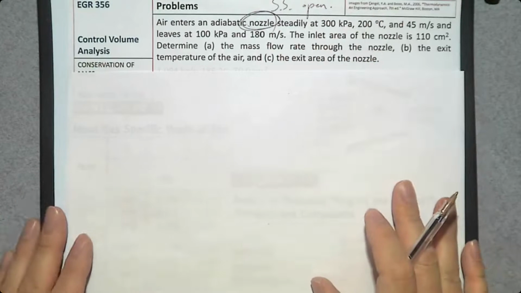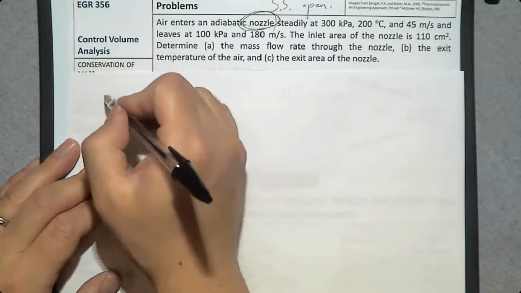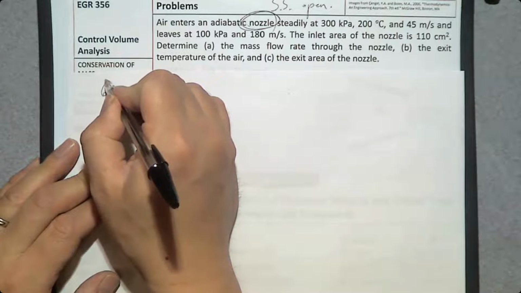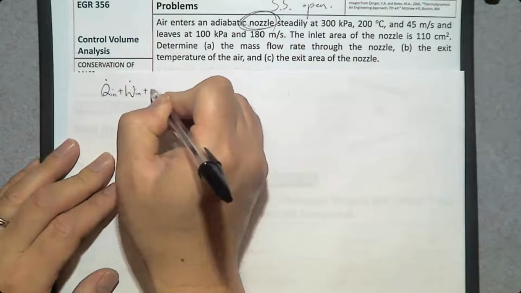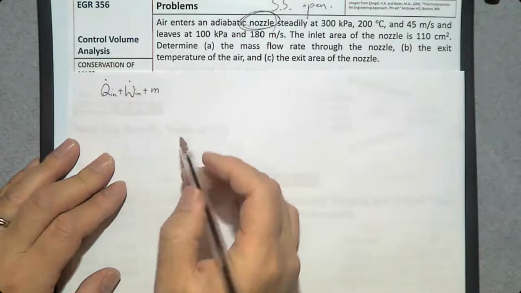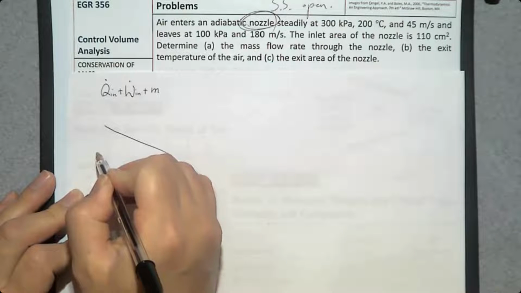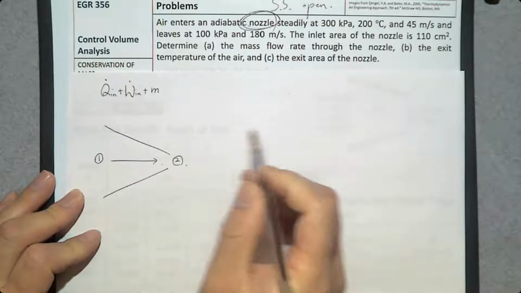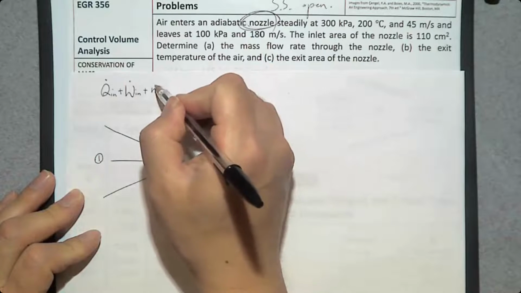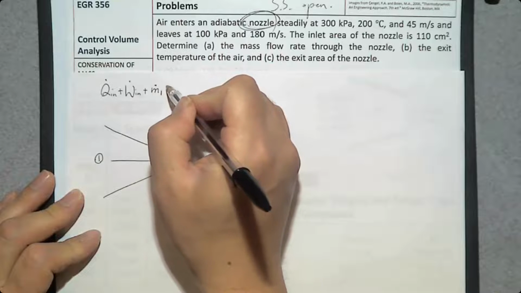Then the energy balance equation for this steady state open system is Q dot in plus W dot in plus M dot at the inlet. Let's assume that the inlet is number 1, exit is number 2. M dot at the inlet number 1.